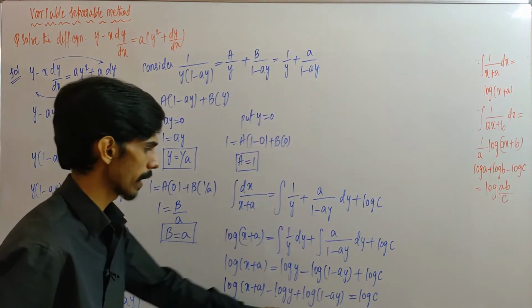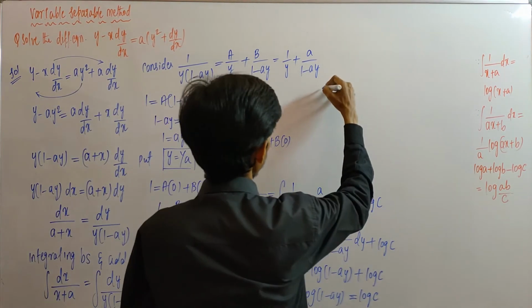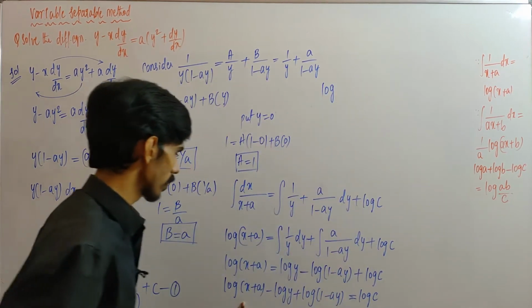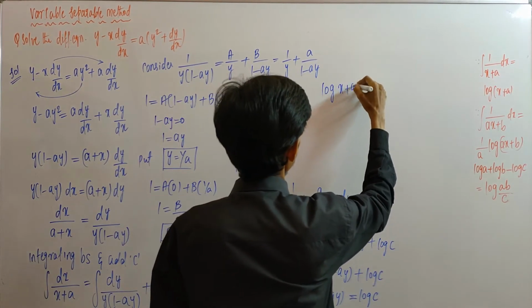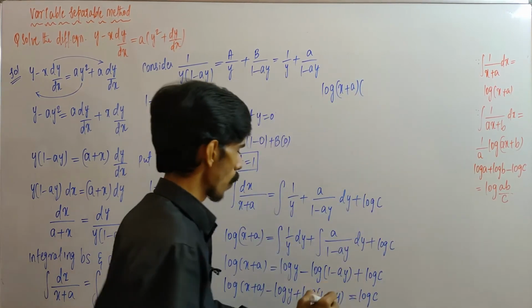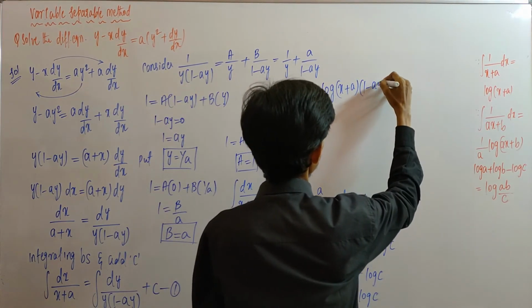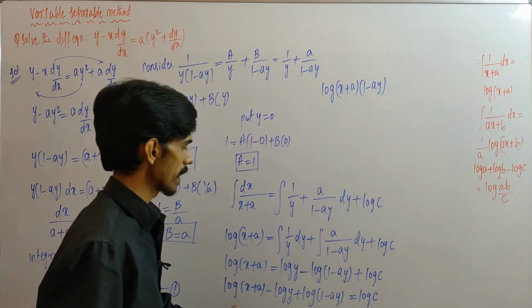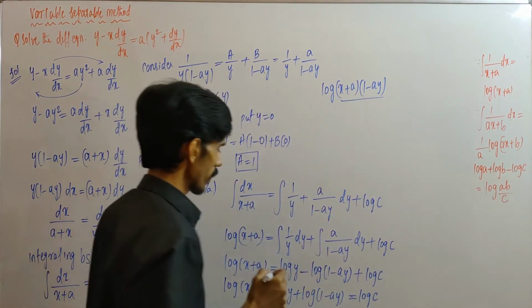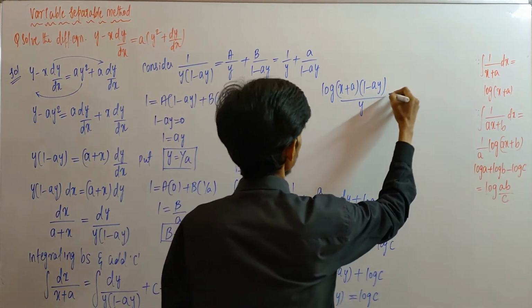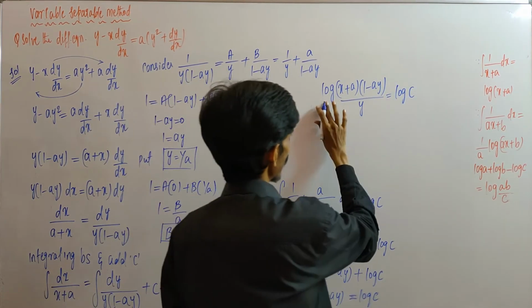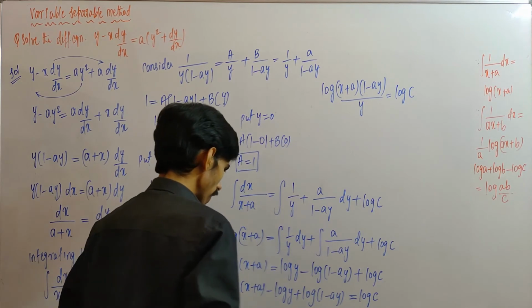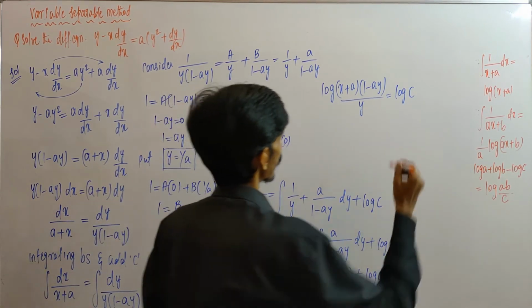So here it will become, take one log, product of these two, x plus a into 1 minus ay, for minus, write down in denominator y, is equal to, we have log c here. This log and this log will get cancelled.